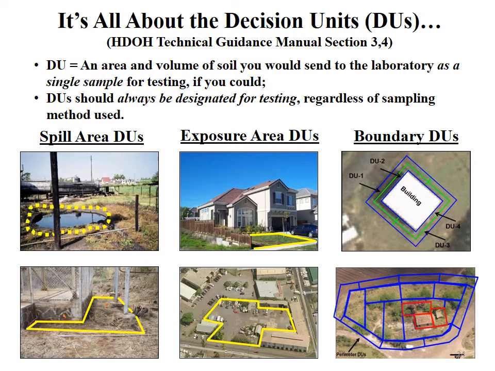It could be a playground or your front yard or an open area of a commercial building where people are exposed on a routine basis. We talk about boundary or perimeter DUs, where we're trying to identify the lateral or vertical extent of contamination around suspect contaminated areas. These are all types of decision units. We want to go into each one of these decision areas now and collect representative samples for those targeted areas and use the data to make decisions.